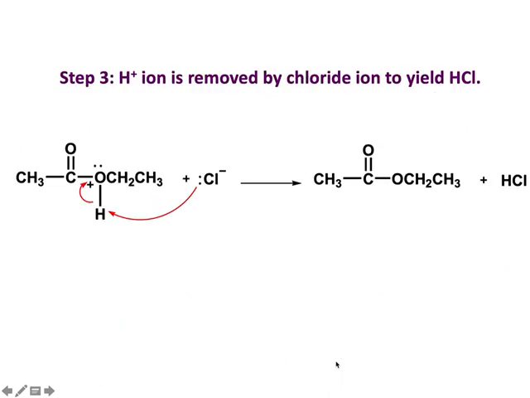Step 3: the proton from this one will be removed by chloride ion. So chloride ion abstracts this proton because we don't want this O to be positively charged. Then the electron moves to the O, and we get the product, and HCl as a side product.